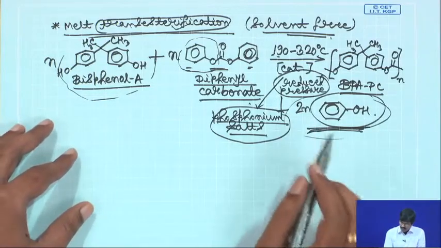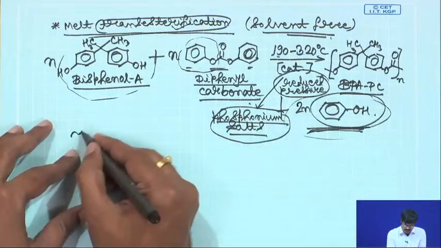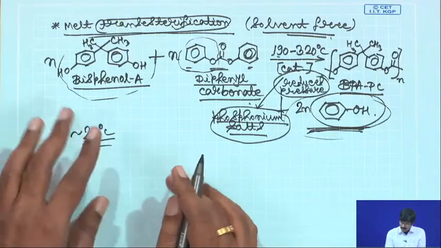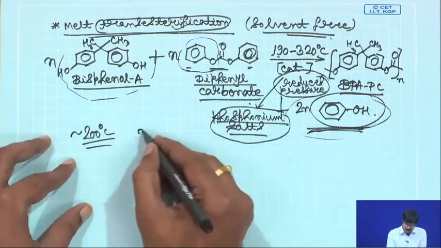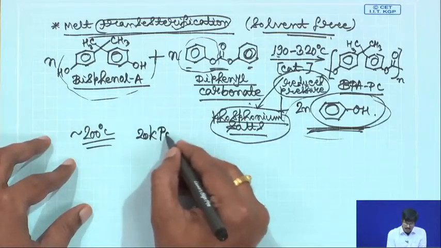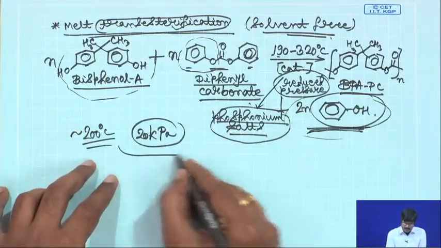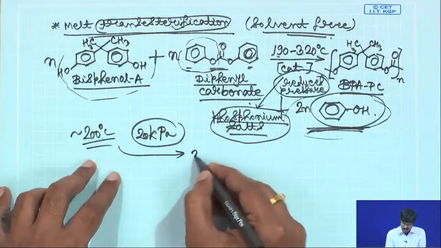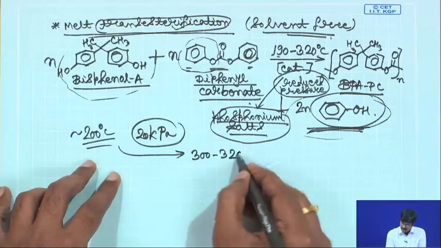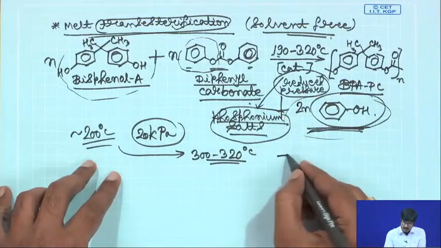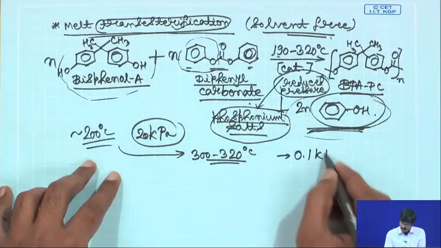So, initially the temperature is not very high, you start at around 190 to 200 degrees and the pressure is slightly reduced. So, the pressure is around 20 kilopascal, and during the course of the reaction you raise the temperature towards 300 to 320 degrees Celsius, gradually, and the pressure is reduced further up to 0.1 kilopascal.